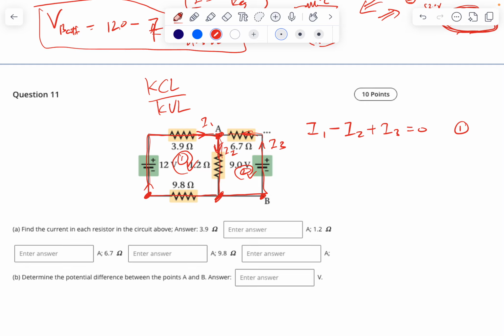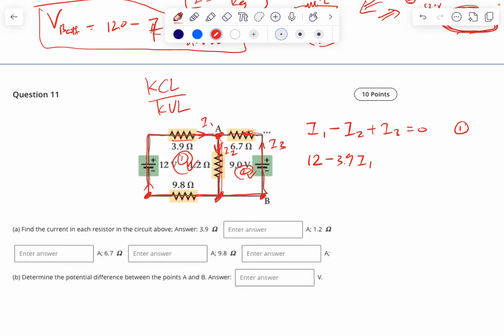Go through this loop this way and then go back to this one, right? The first one we meet is the EMF. We move from low to high, so voltage is plus 12. The second one we meet is this 3.9, and the current direction and the loop direction are the same, so minus 3.9 I1.